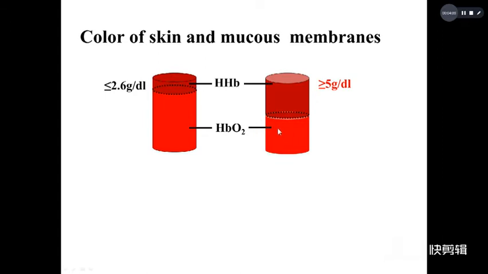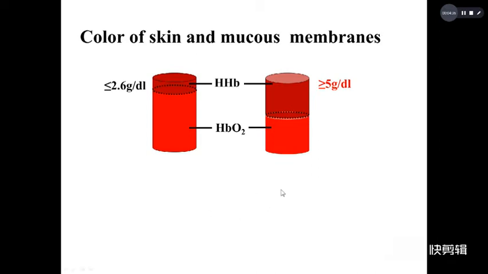If oxyhemoglobin decreases and leads to deoxyhemoglobin increase, and deoxyhemoglobin is more than 5 grams in 100 milliliters of blood, the color of skin, lip, and nail are bluish.